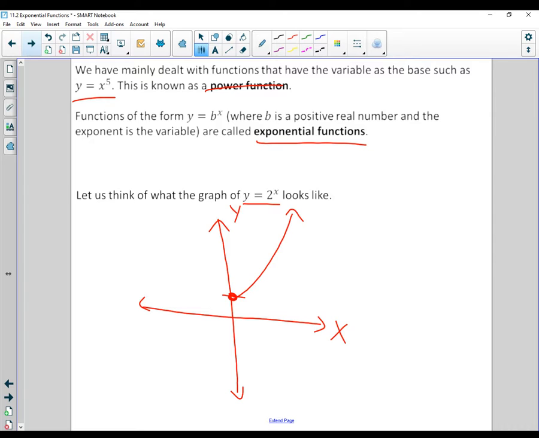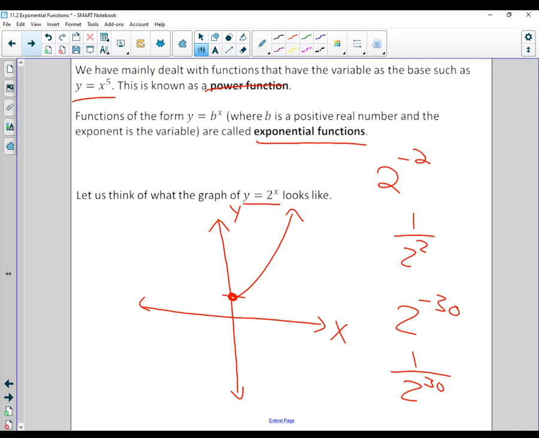What happens on this side, when x is negative? It gets smaller. It goes down. What is 2 to the negative 2? 1/4, it's 1 over 2 squared. What's 2 to the negative 30? 1 over 2 to the 30.